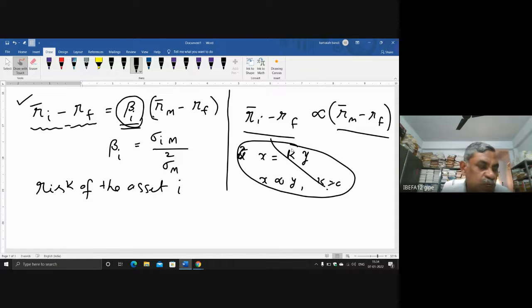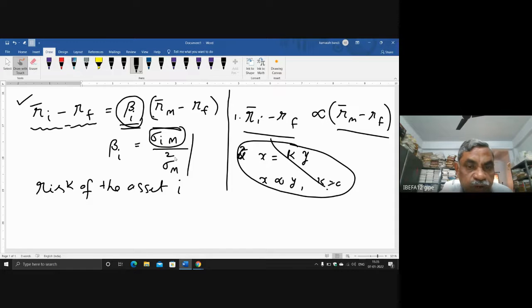Okay. Now the second interpretation. Is this clear? What are you relating in this? Hello, anybody? The excess return on the ith asset is directly proportional to the excess market return, given the risk, that is, given beta I. Second, beta is a normalized version of the covariance of the asset with respect to the market portfolio.